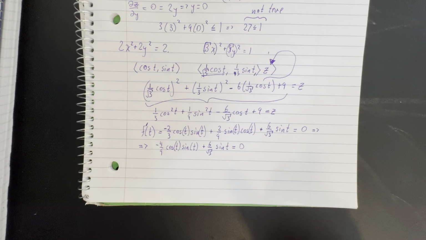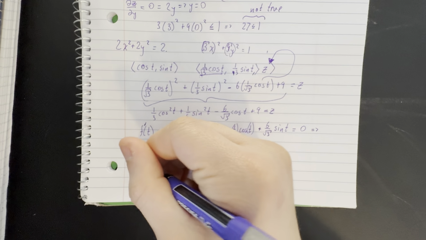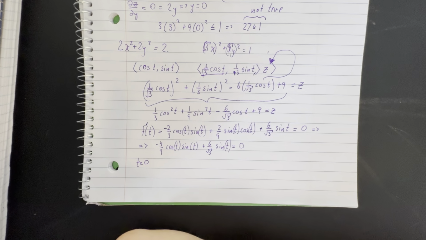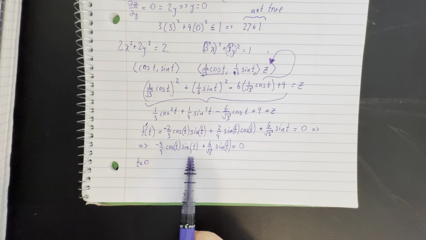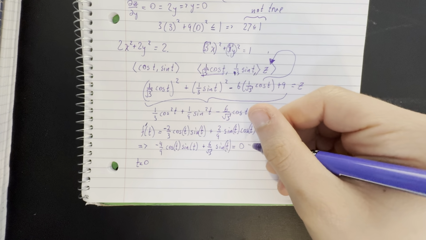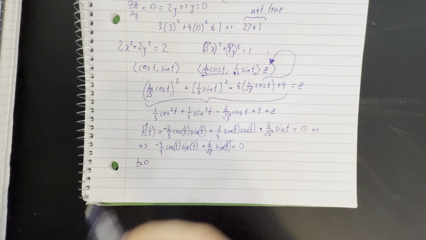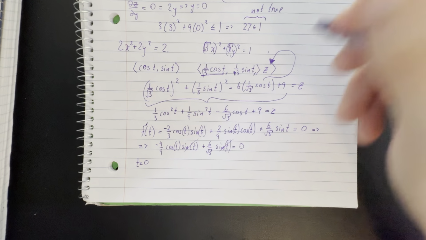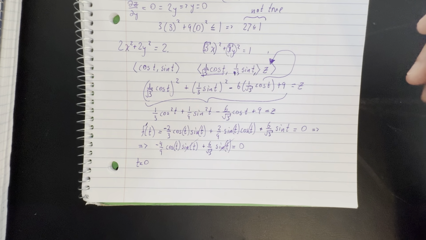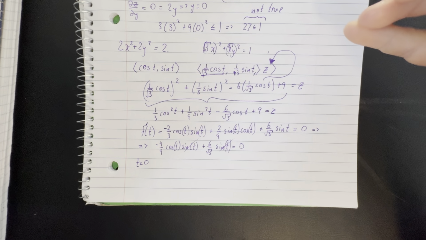All right, so there are 2 ways we can make this 0. At t equals 0, because sine of 0 is 0, so if we have sine in both terms, that's going to give us a 0. Also, you can cancel out this sine term, factor, divide both sides, and that's going to give us a value of t that is not equal to 0.